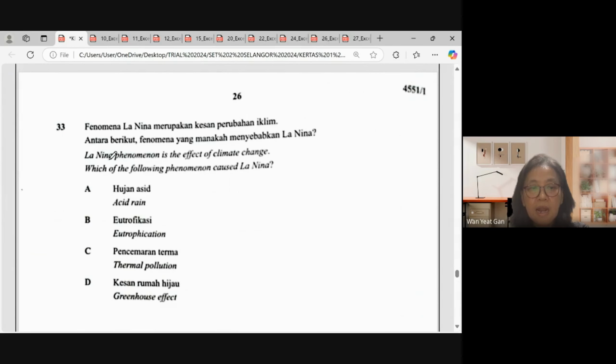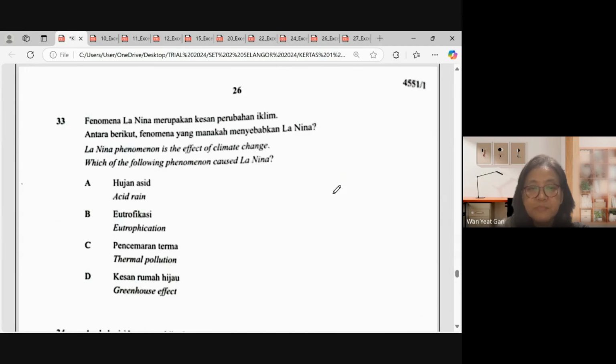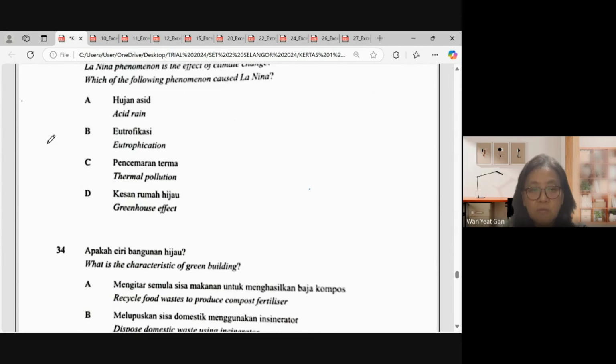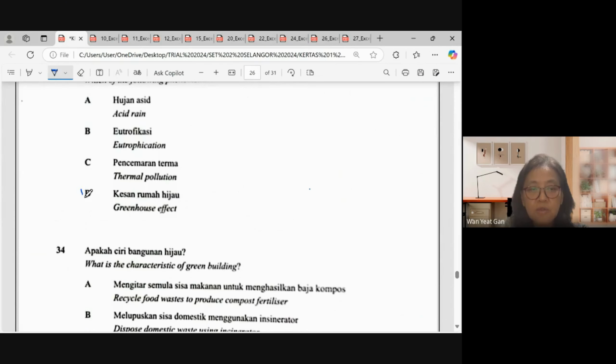33. La Nina phenomenon is the effect of climate change. Which of the following phenomena causes La Nina? Now, La Nina is caused by the greenhouse effect.